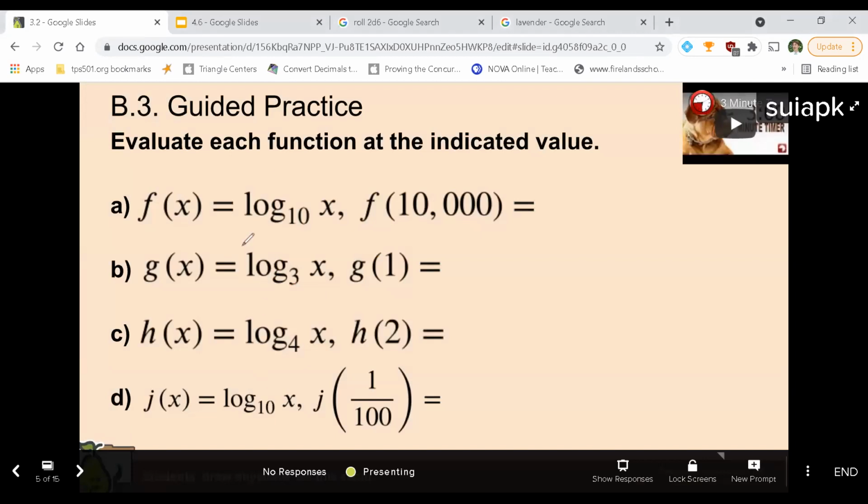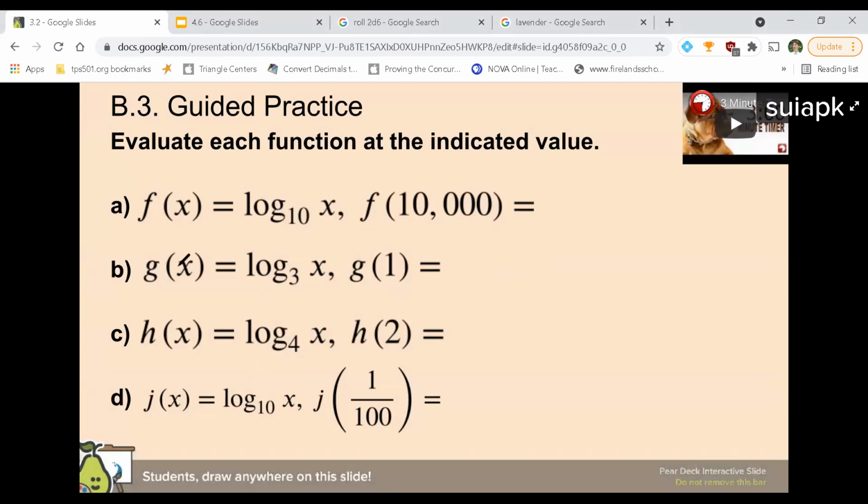So I will start you out on A and B. A is asking, if you plug in 10,000 for x, 10 to the what power is 10,000. Oh, hold on, I didn't format that correctly. Okay, there we go.